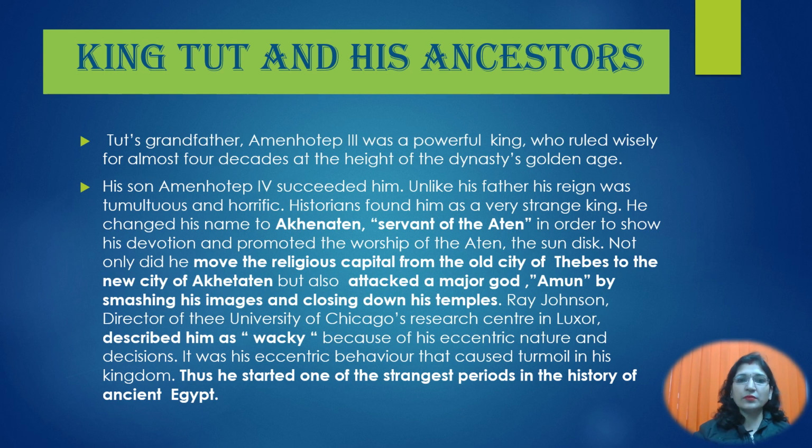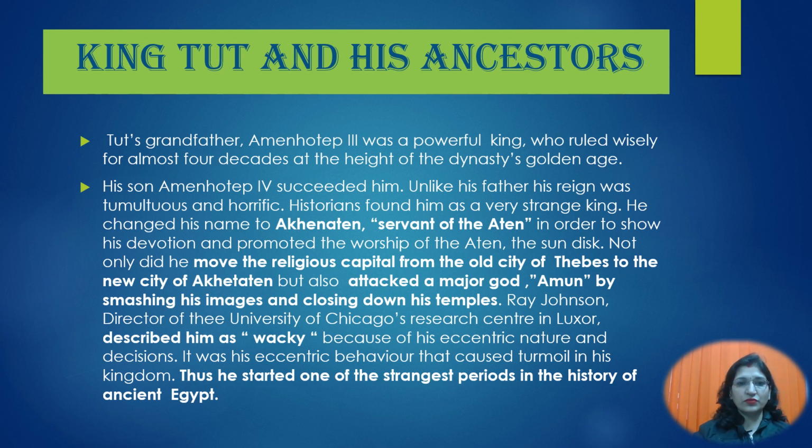Not only did he move the religious capital from the old city of Thebes to the new city of Akhenaten, but he also attacked a major god, Amun, by smashing his images and closing down his temples.